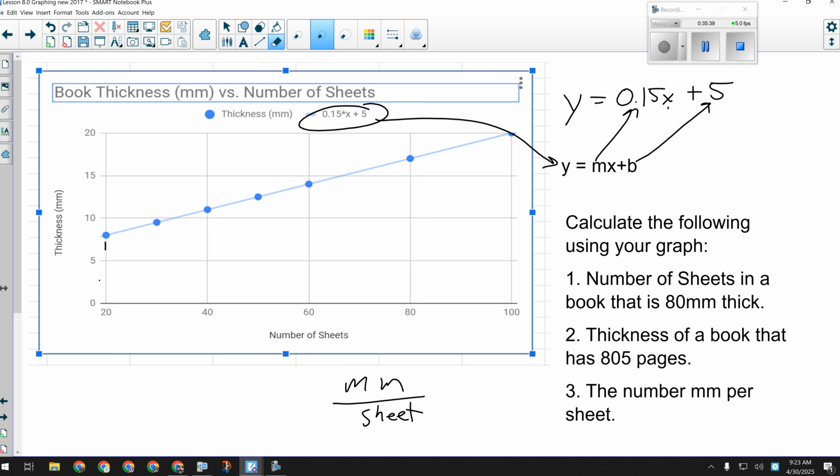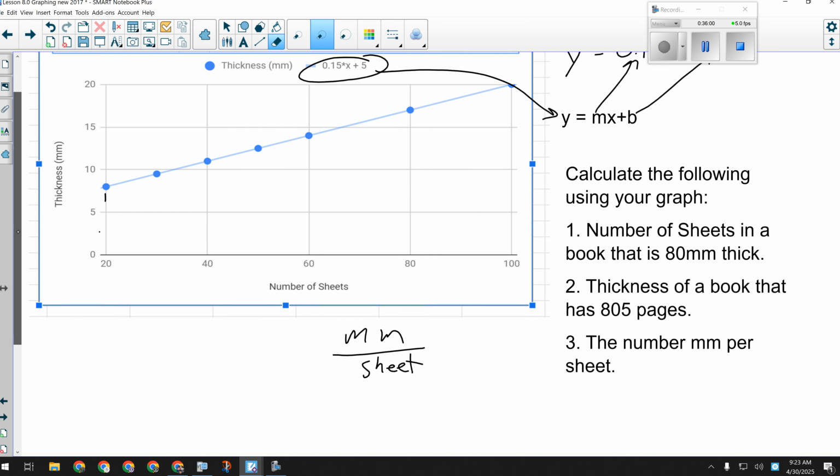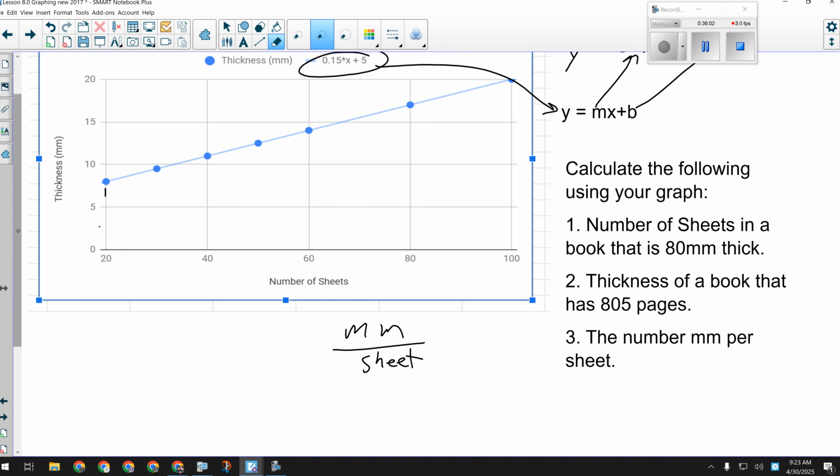When we have that equation on there, that's what we learn to do in Science 10. We learn to take a graph and use it for more than just, oh okay, I get it. I can actually calculate things beyond the graph or that aren't directly communicated by the graph. All right, so let's walk through how we would answer these questions here.